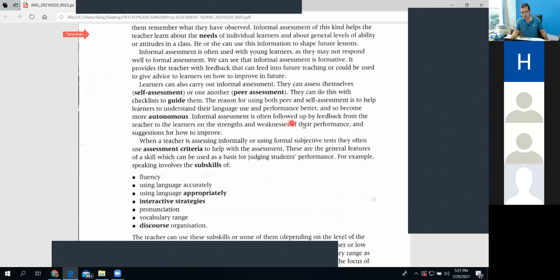Informal assessment is often followed by feedback from the teacher to the learners on the strengths and weaknesses of their performance. You have to give feedback to them, what areas they are weak at and what areas they are good at, and how they need to improve.